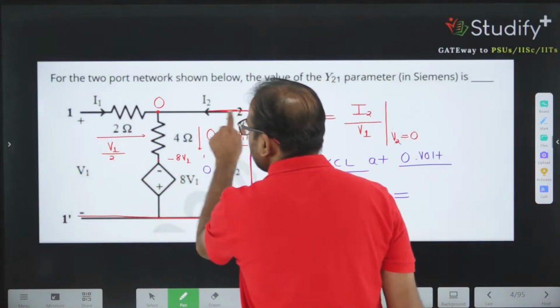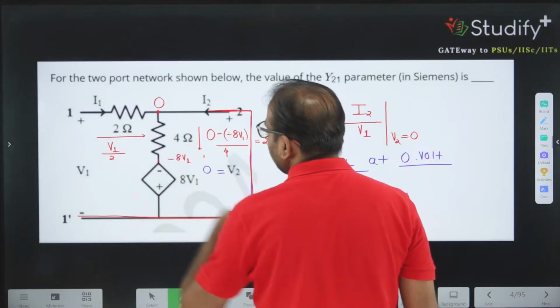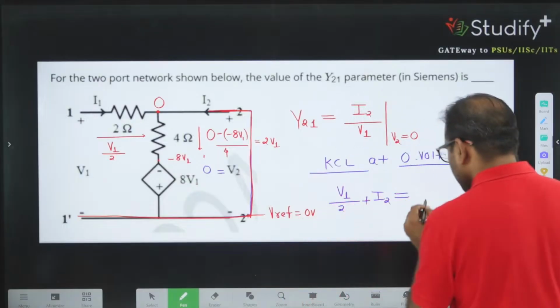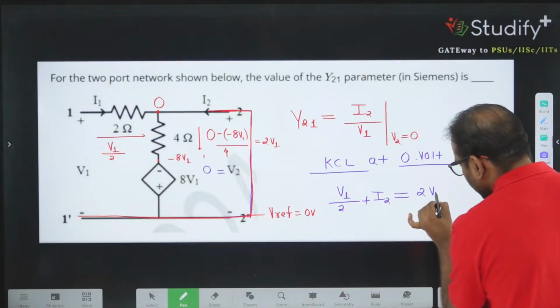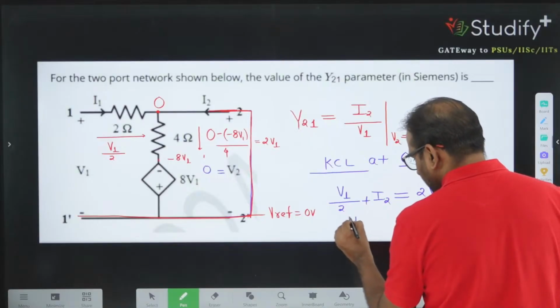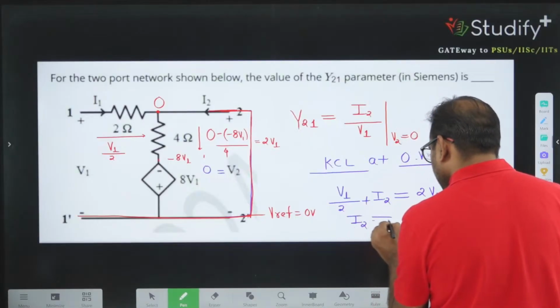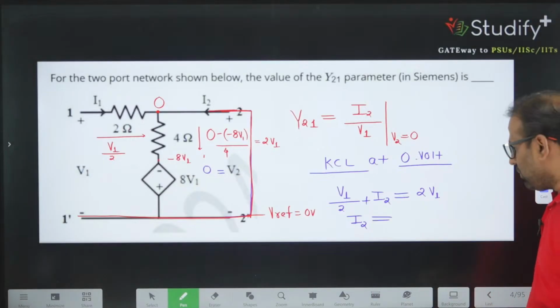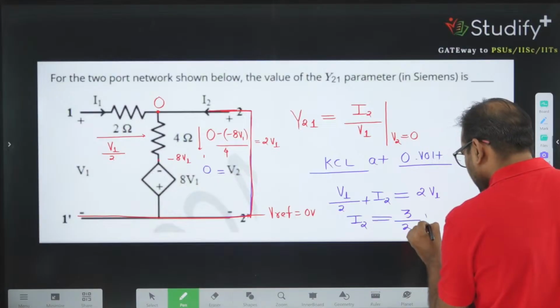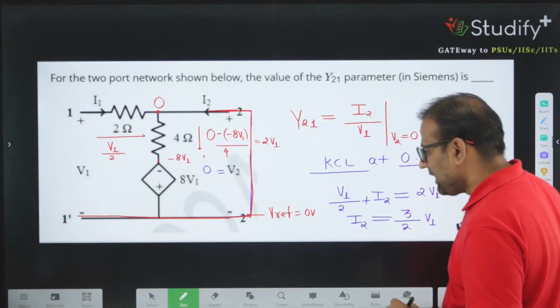So two incoming currents are I2 and V1 by 2, and one more current going away from the node is 2V1. Now I2 is equivalent to 2V1 minus V1 by 2. So 2 minus half is 3 by 2 V1.